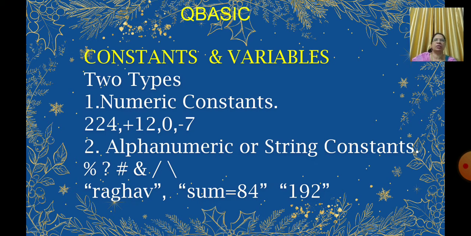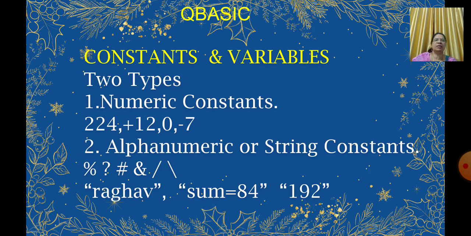These are all alphanumeric constants. But in an alphanumeric constant, when you are writing a name, you should put it in double quotes. Can you see the double quotes? I have written Raghav, and before that two inverted commas, that is double quotes, enclosed in double quotes. Same thing, I have written sum is equal to 84, put in quotes.